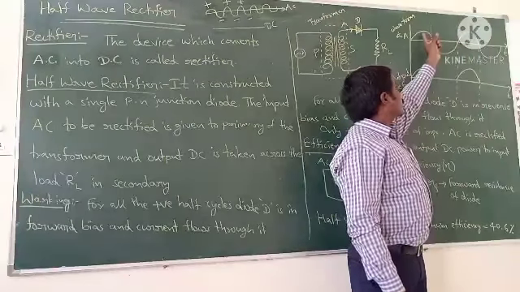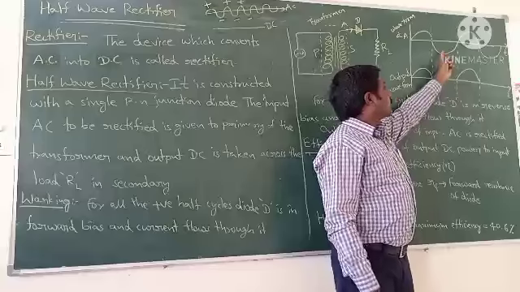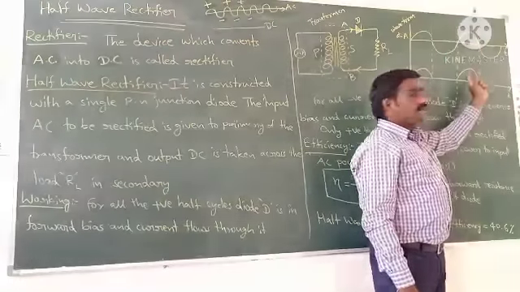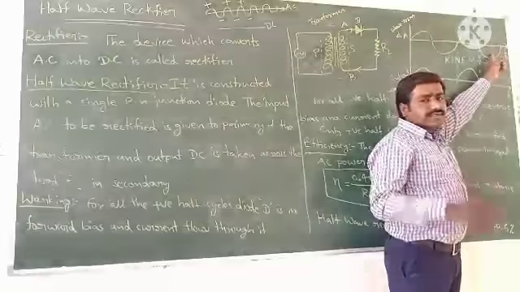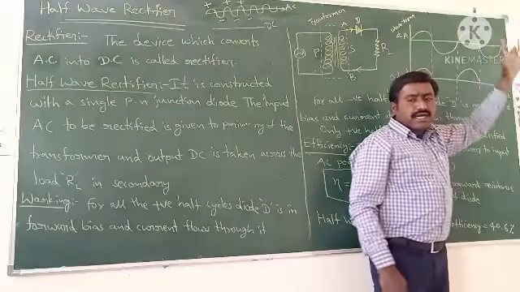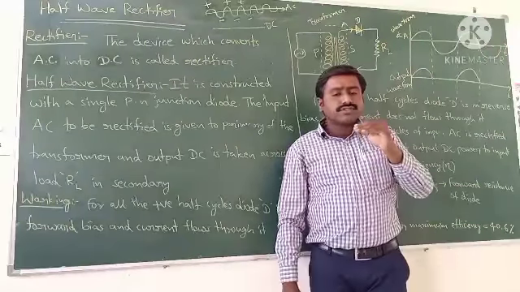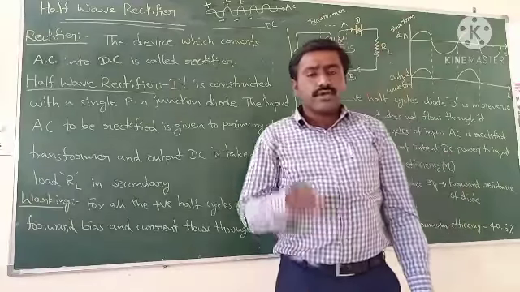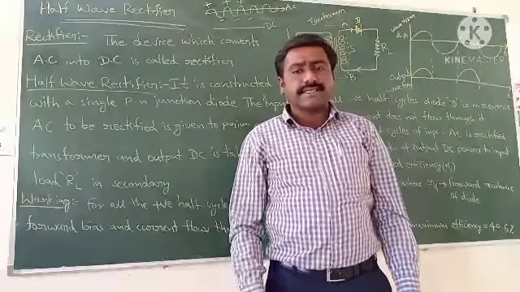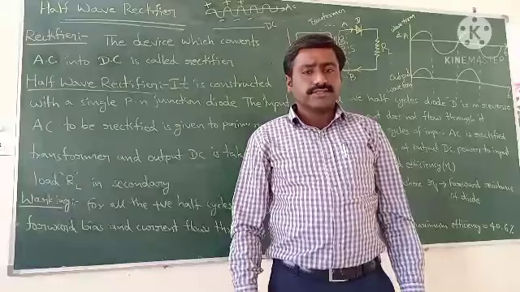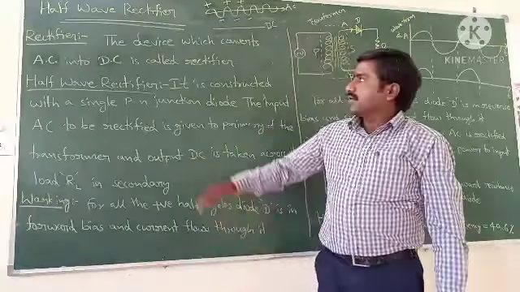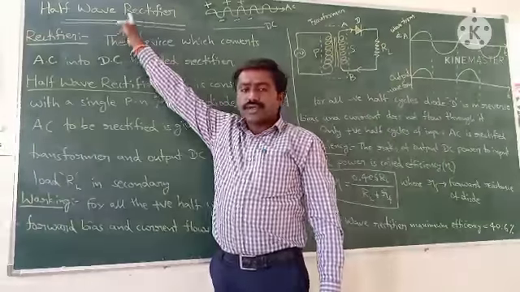There is no conversion of negative cycle, and again the positive cycle is converted into DC, and again there is no conversion of negative cycles. So in a half wave rectifier, only positive cycles are converted into DC. That means only half of the input AC is converted into DC. That's why it is called half wave rectifier. Today we are going to discuss that half wave rectifier.